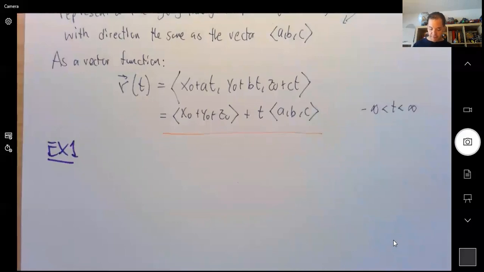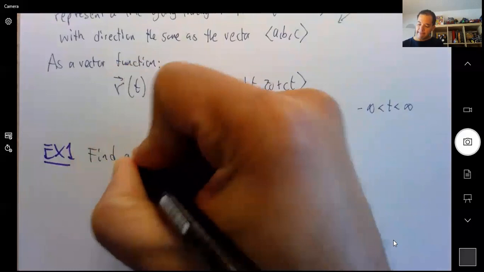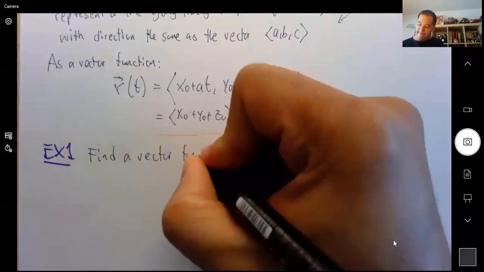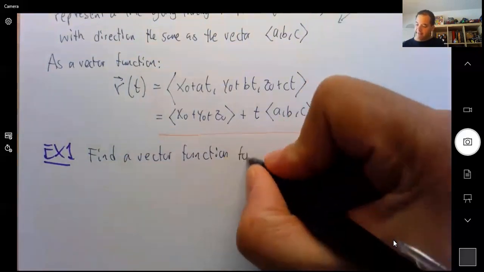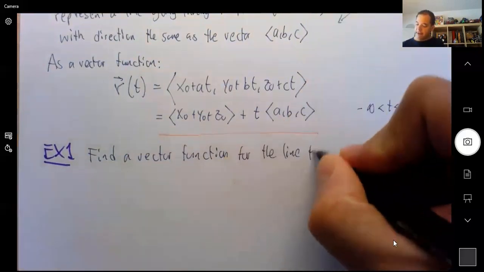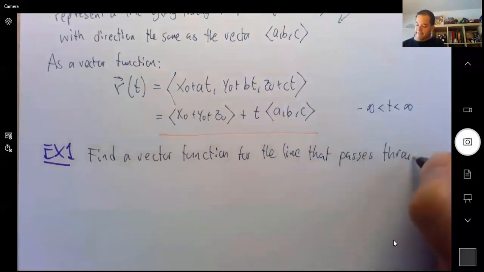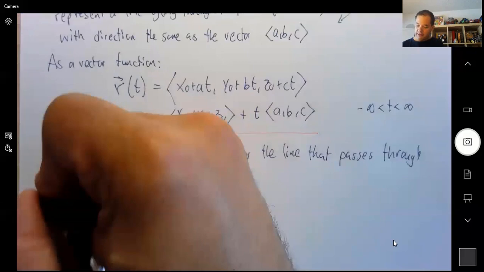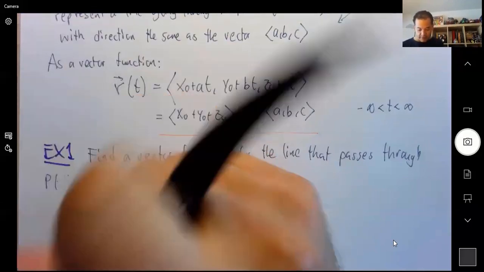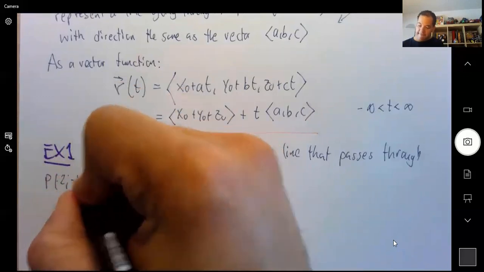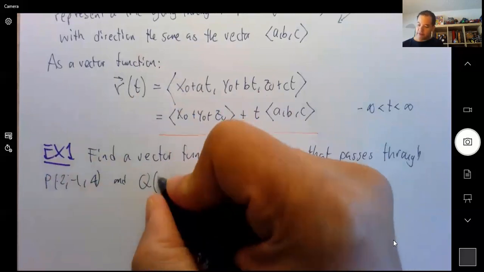It says, find a vector function for the line that passes through P, the point 2, negative 1, 4, and Q, the point 3, 0, 6.